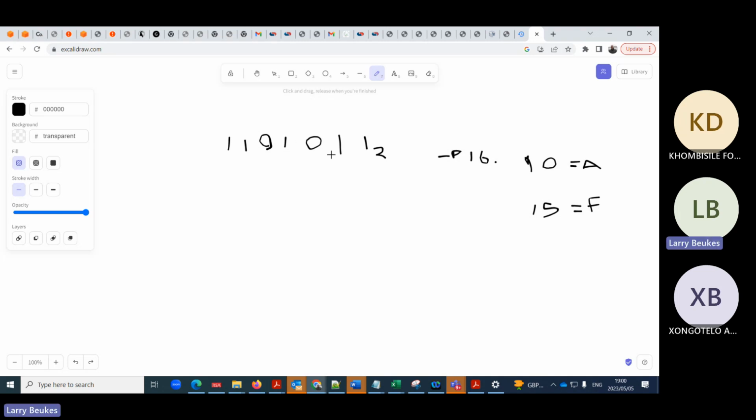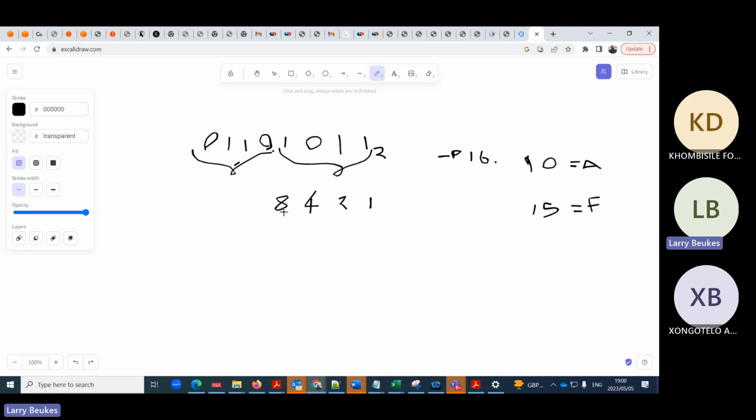So what you do is you group this into 4s, starting from the right. This one will need an extra 0 to make 4 as well. This one is 2 to the power 0, 2 to the power 1, 2 to the power 2, 2 to the power 3. So the first step, you always put that, and after that you put the answers: 1, 2, 4, 8.